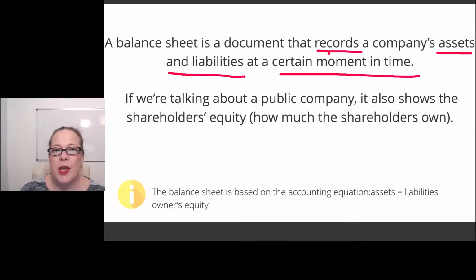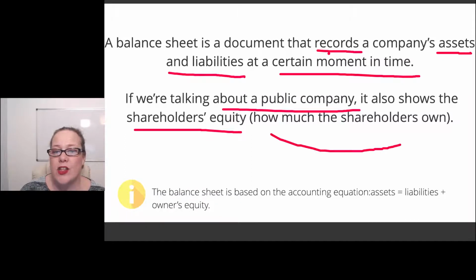So a balance sheet can be 3 months, 6 months, a year. And if we're talking about a public company, it also shows the shareholders' equity, which is basically how much the shareholders own. So a balance sheet's very important.